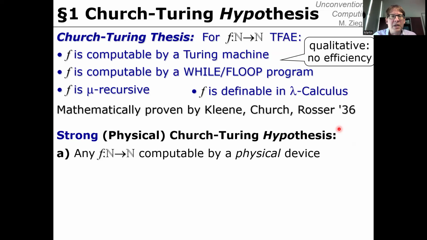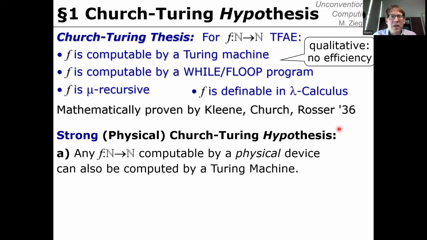And the statement says, if such a function on natural numbers can be realized by one of these devices or any other future such device, then it can also be realized by a Turing machine. So that means all these devices are no more powerful than a Turing machine.